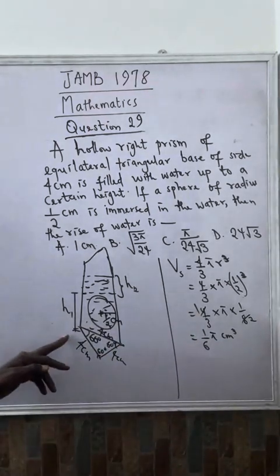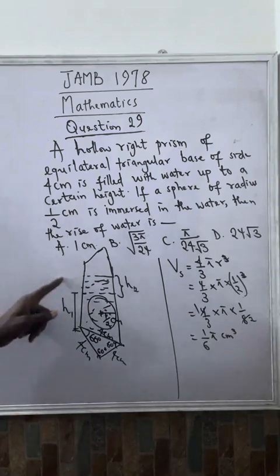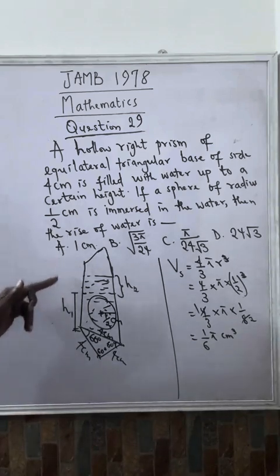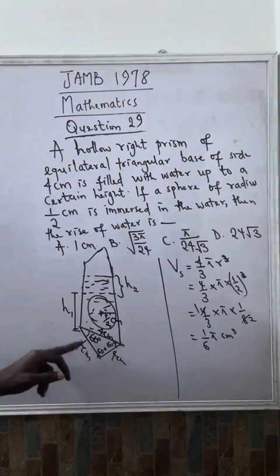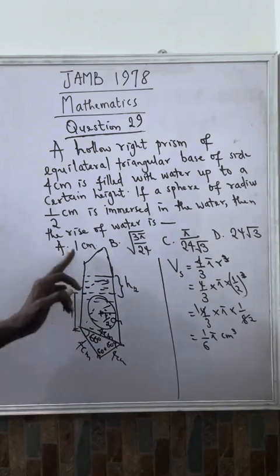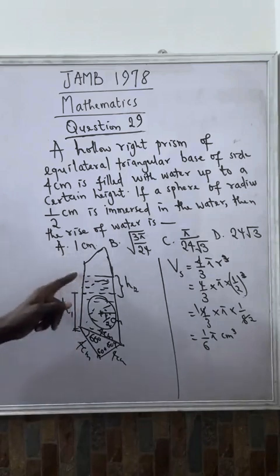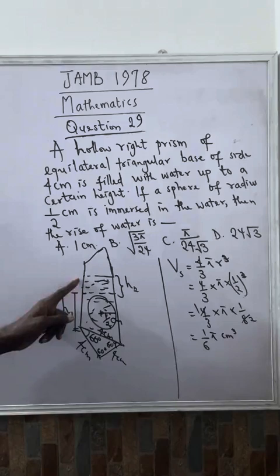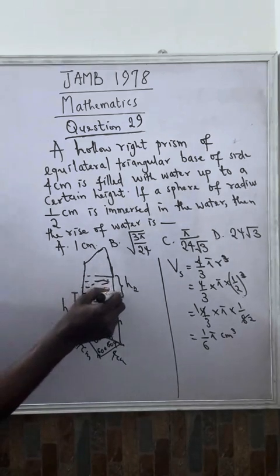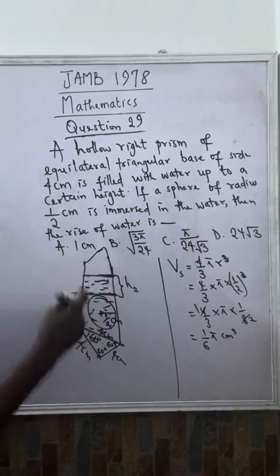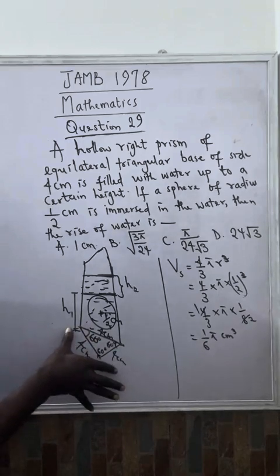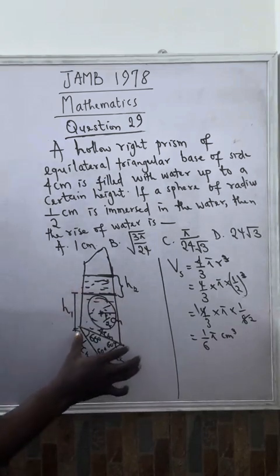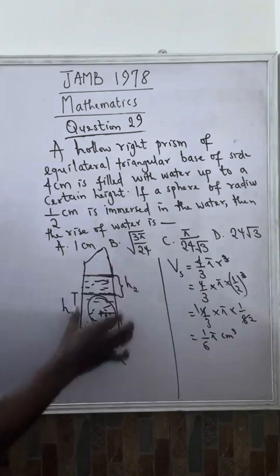Now, let's calculate the volume of the water displaced. Let's calculate the area of this base, which will help us know the volume of the water that rose inside this. All this other side we don't need. Since the base is an equilateral triangle, the triangle is uniform throughout up to the top.